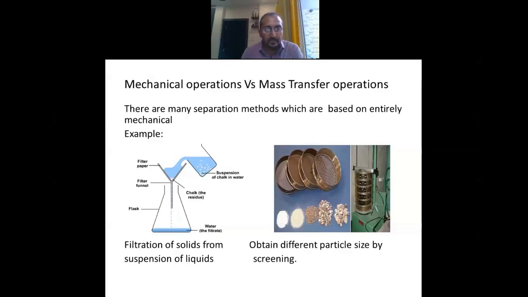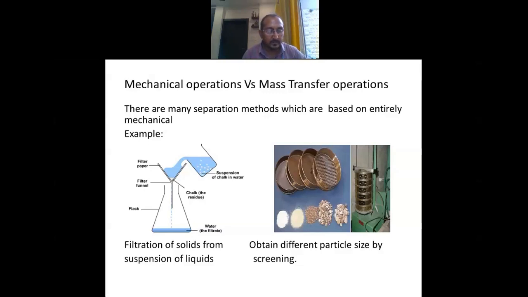So for mixtures, such separation may be entirely mechanical. I have told you that unit operations are concerned with the problem of changing the composition of solutions and mixtures. So we are changing the composition of mixtures and solutions.